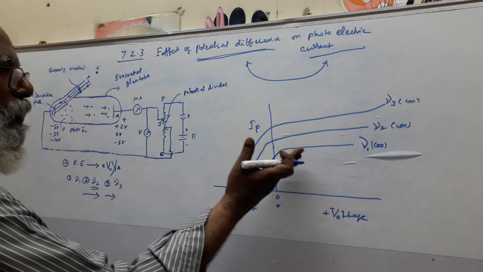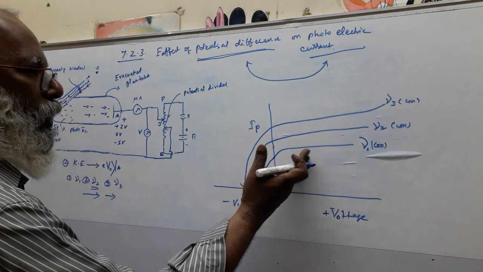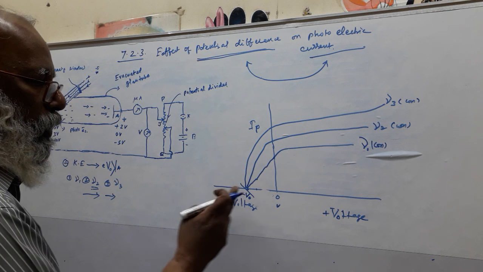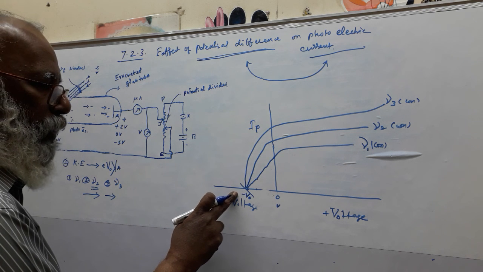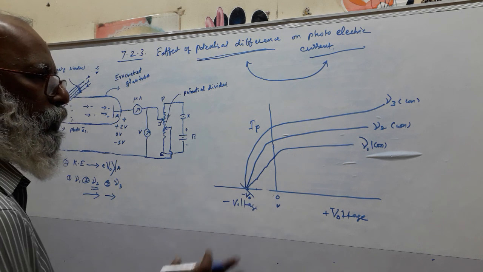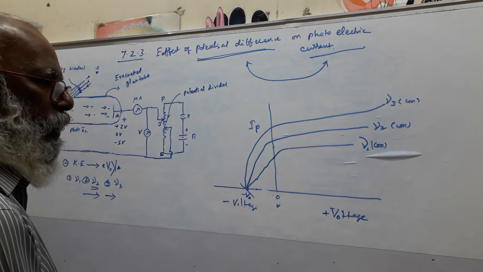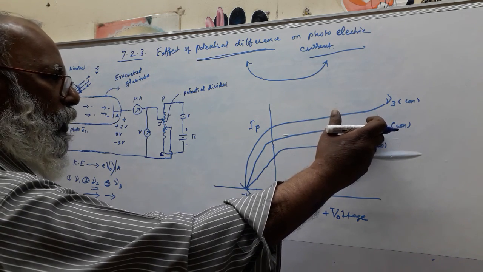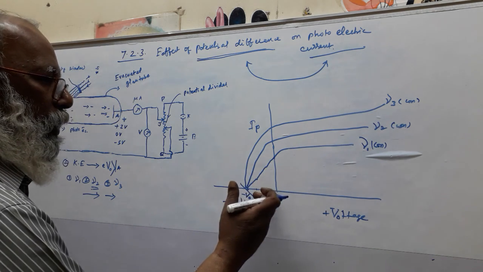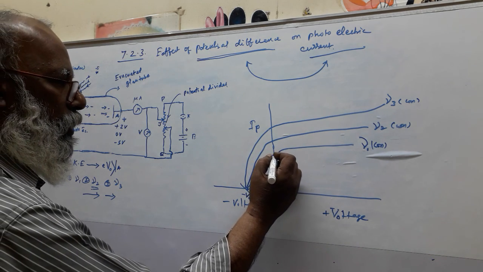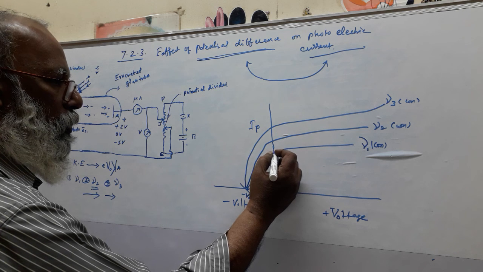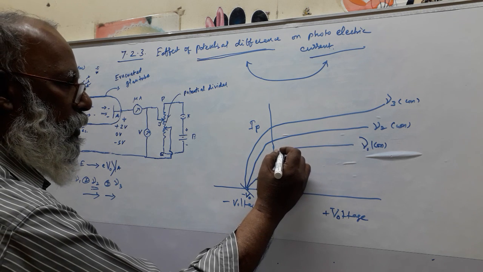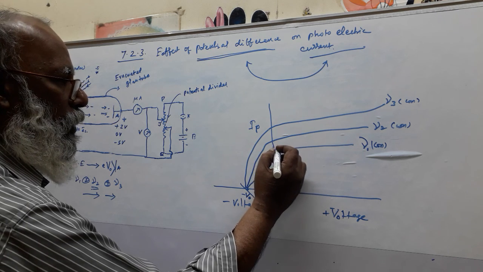In the first step, we allow incident ray frequency nu1. The stopping potential is minus V0. There is no change if you increase the frequency to nu2 of the incident ray. This is called the saturation point.